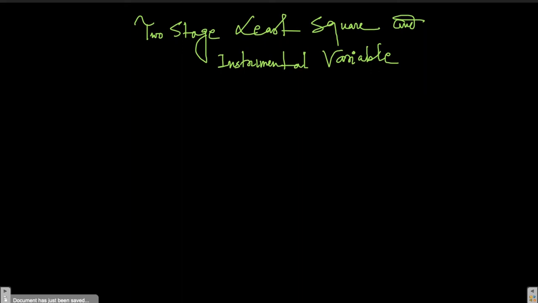Now, let's distinguish these two terms. When we say two-stage least squares and IV regression, they are basically the same. But two-stage least squares is what we say when we have an over-identification strategy.